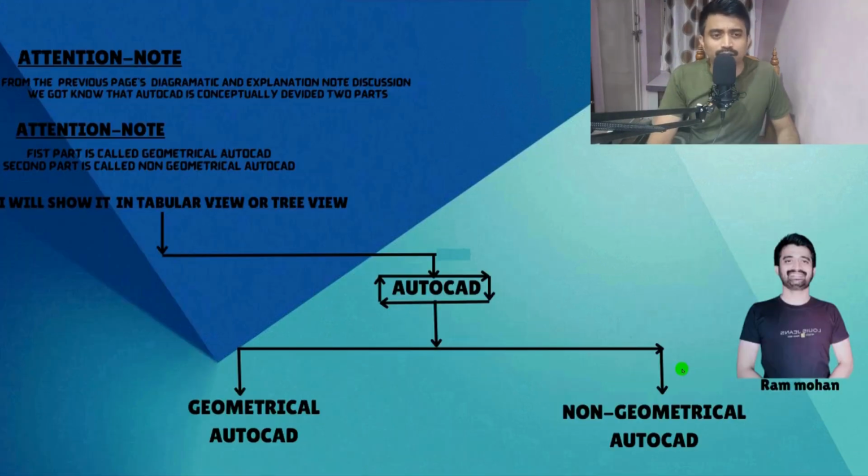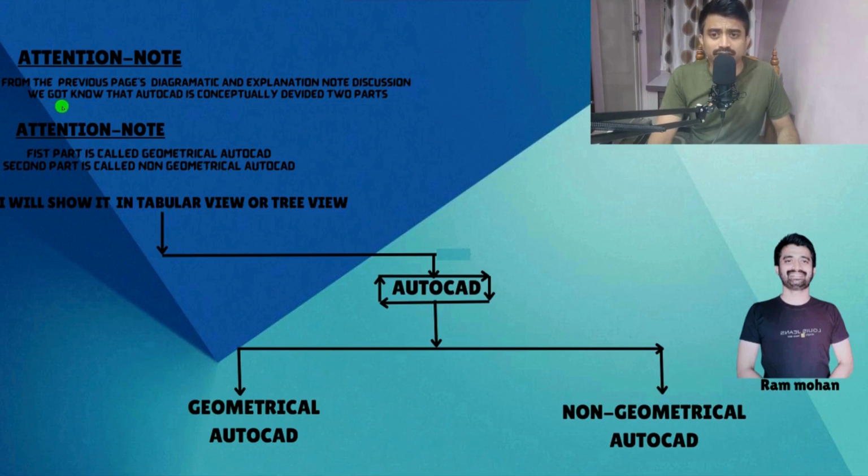According to our previous page explanation, where we had seen a civil drawing, architectural drawing, and mechanical drawing, we just discussed there, on the page just previous to this one, that in AutoCAD two sectors are there, geometrical AutoCAD and non-geometrical AutoCAD.